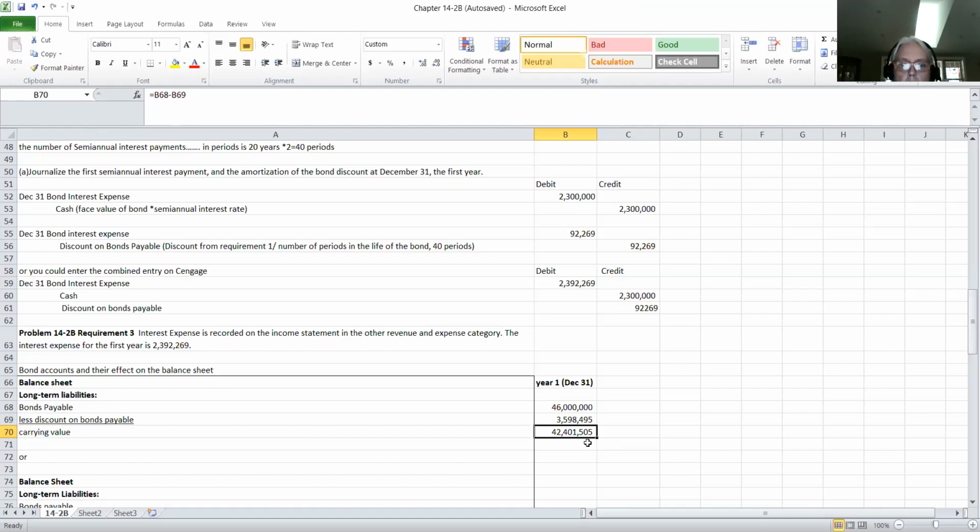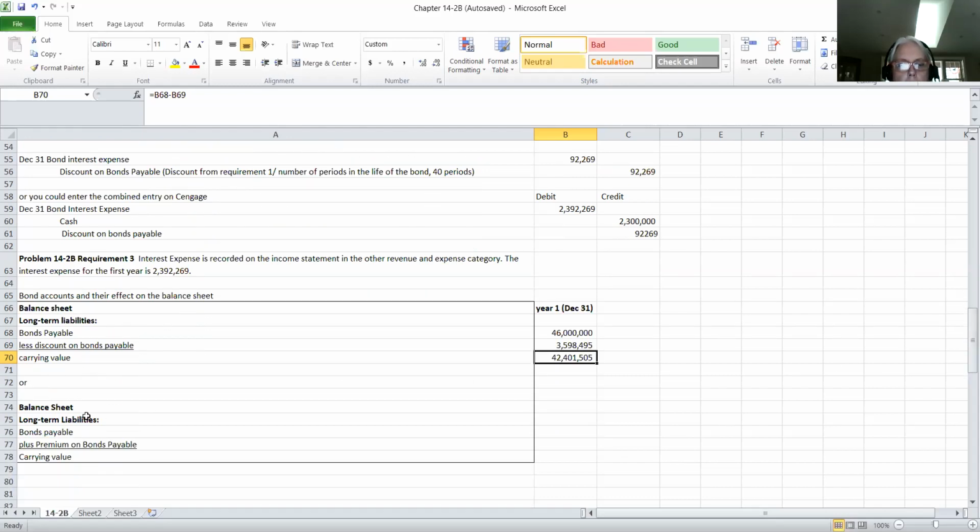If I showed you all the years for 20 years, over time this carrying value would rise to 46 million at the end of the 20-year life of the bond. So when we're amortizing discounts, we are reducing the discount, which will increase the carrying value each year back up to 46 million at the end of the life of the bond.